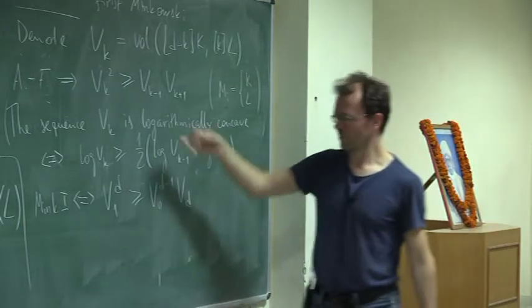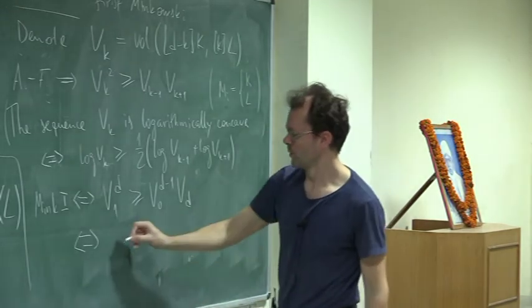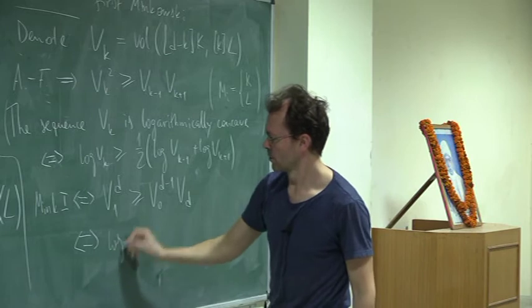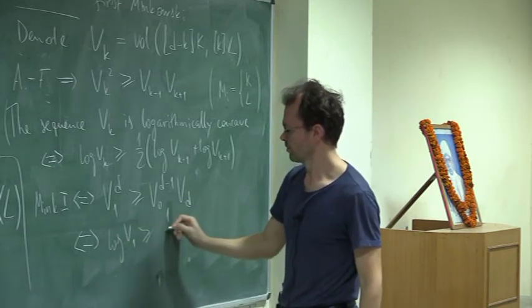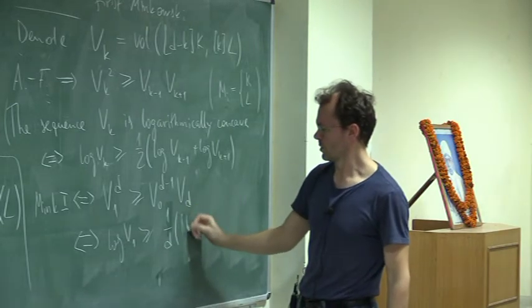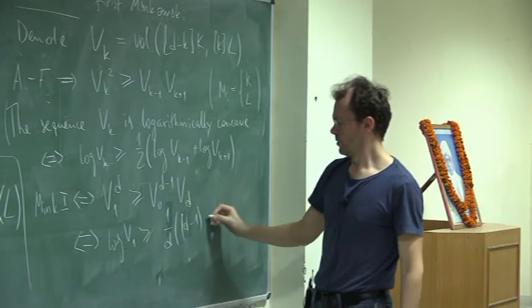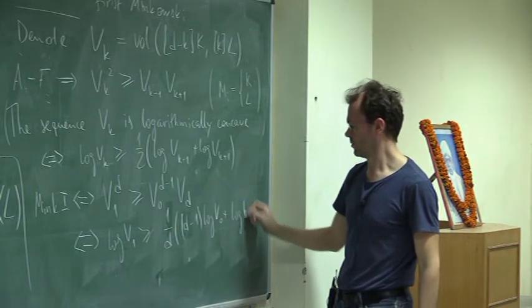Okay, but now if we take logarithms, then this is equivalent to log V1 is bigger or equal than 1 over D times D minus 1 times log V0 plus log Vd.